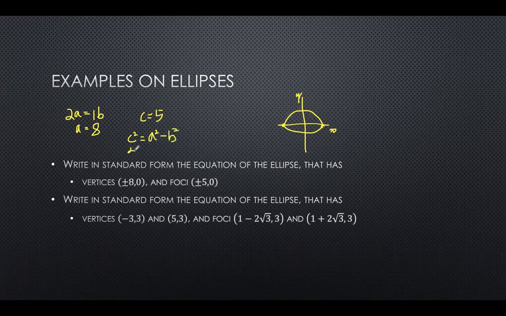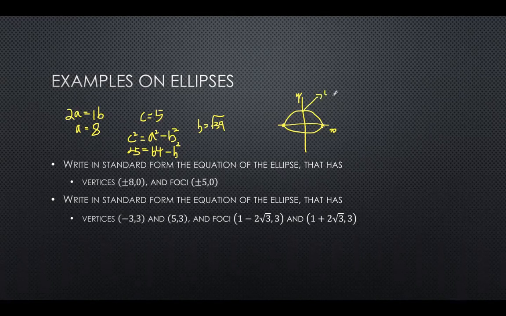so you just plug in 25 equals 64 minus b squared, and then you can find out what b is. In this case, b is the square root of 64 minus 25, which is the square root of 39.